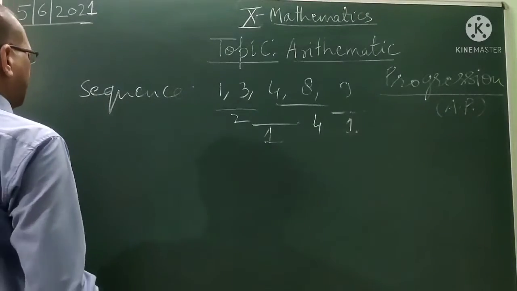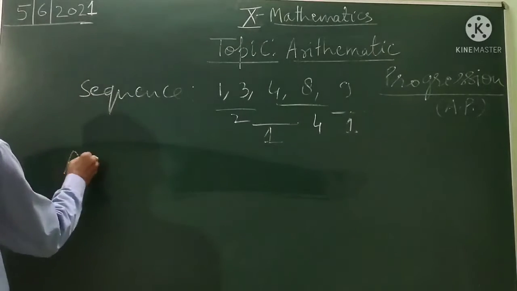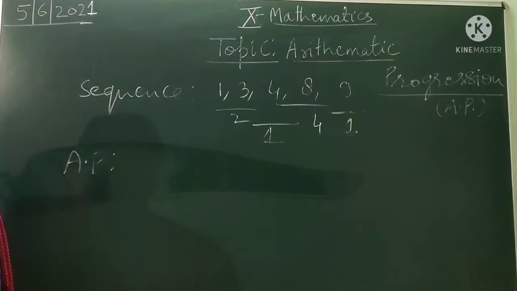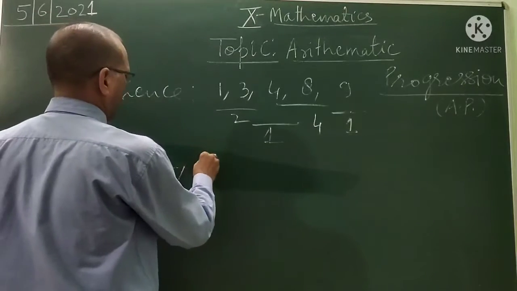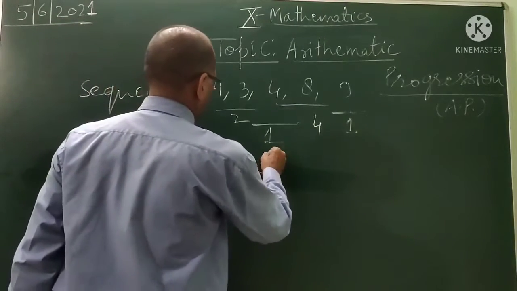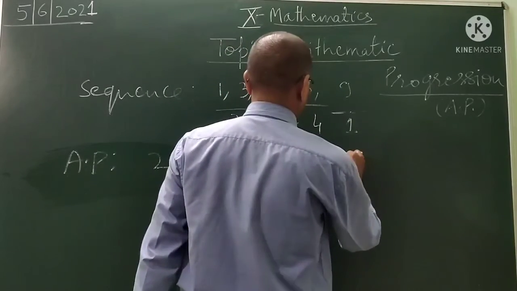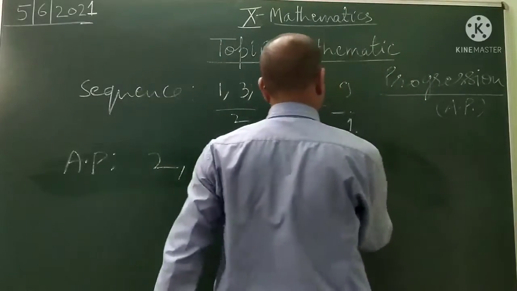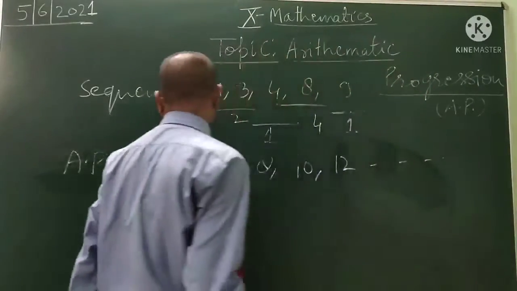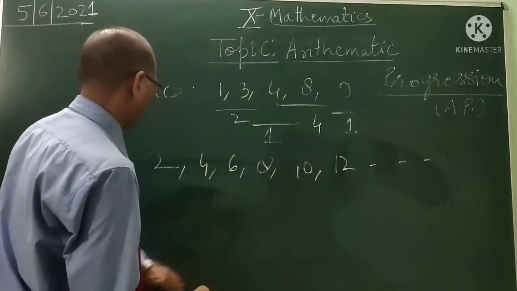Here the AP is 2, 4, 6, 8, 10, 12 and so on. If we check the difference between the numbers, it is 2.